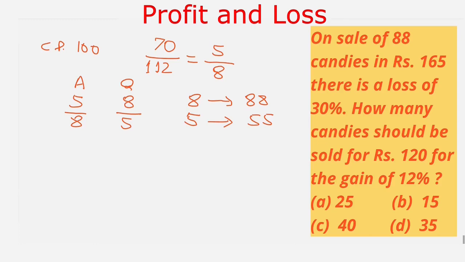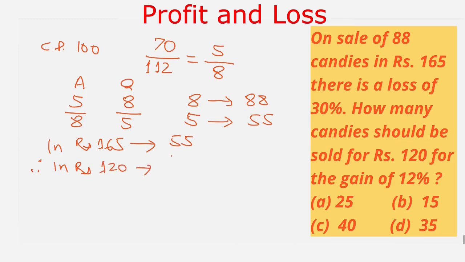Now it's easy. We can easily calculate the quantity for rupees 120. In rupees 165 we have to sell 55 candies for a profit of 12%. Therefore, in rupees 120 we have to find the quantity.